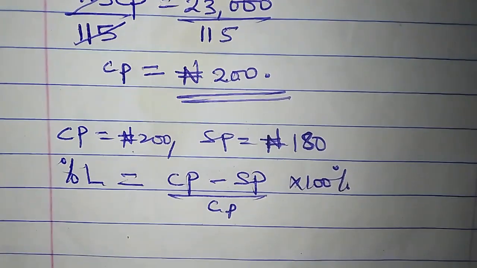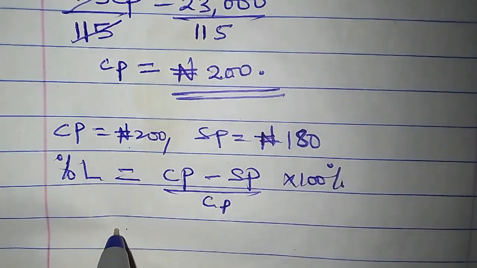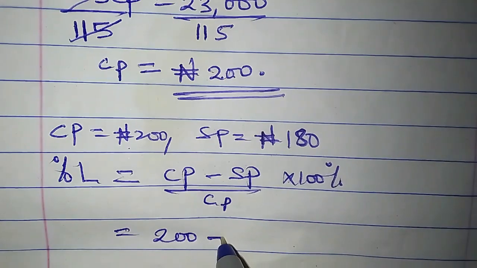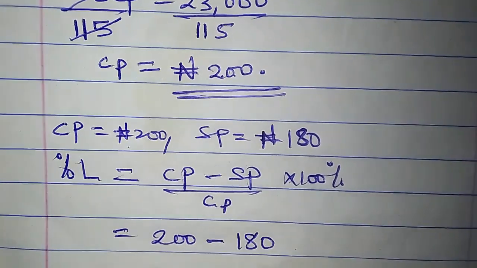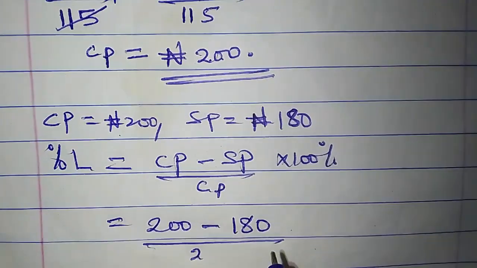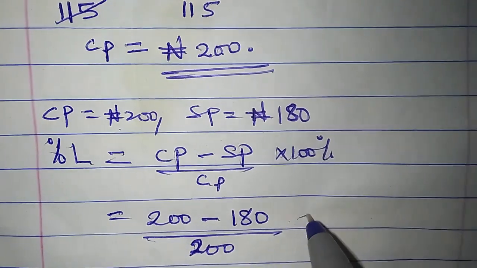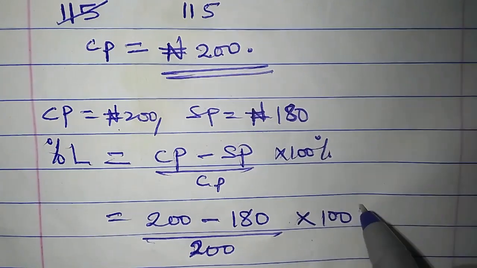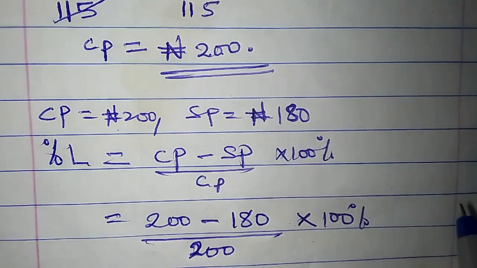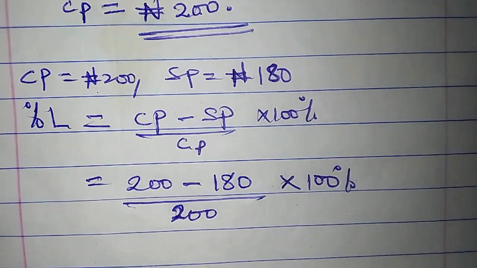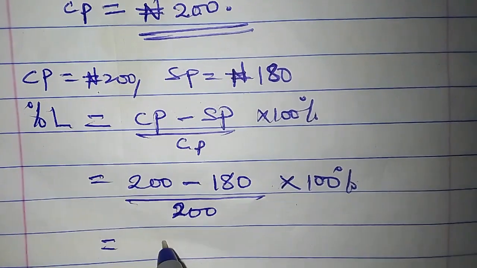So the cost price is 200 naira. 200 minus the selling price 180 all over 200, which is the cost price, times 100%. Alright, 200 minus 180 is 20.